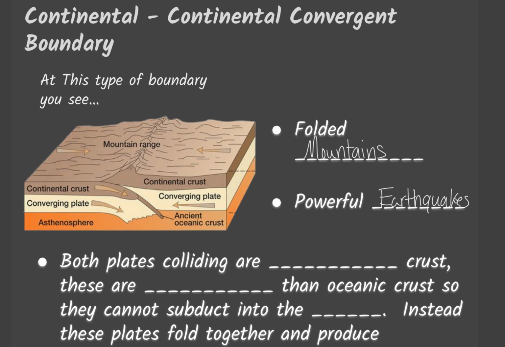Again, both colliding plates here are made of continental crust. And those are not dense enough to ever submerge. They are less dense than oceanic crust, so they cannot subduct into the mantle. Instead of subducting and going down, these plates just fold up and produce mountains.